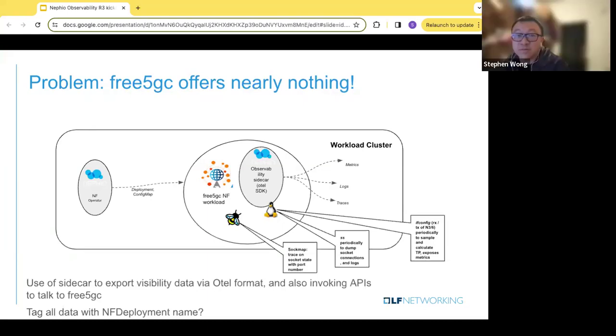So we are, yes, absolutely. There will be a later slide saying that there are some operator needs, and therefore we may actually integrate that into the Nepio SDK. So regarding the exposing of the data, what we're asking network function vendors to do is, when you expose your visibility data, we do want them to be OTel-compliant data formats.